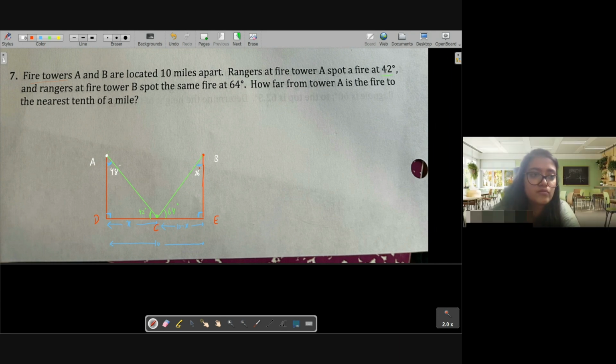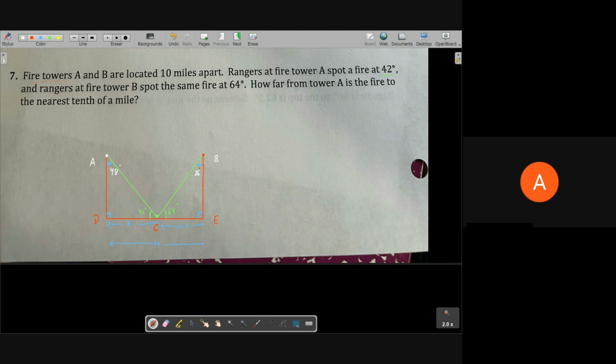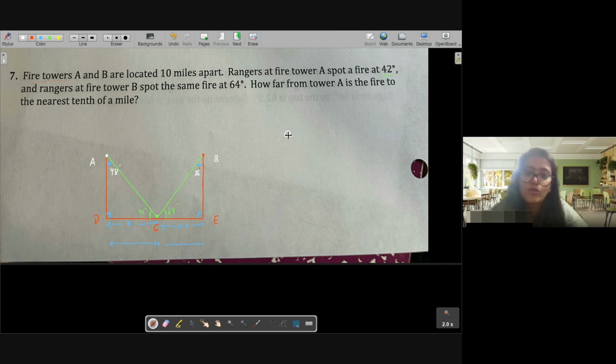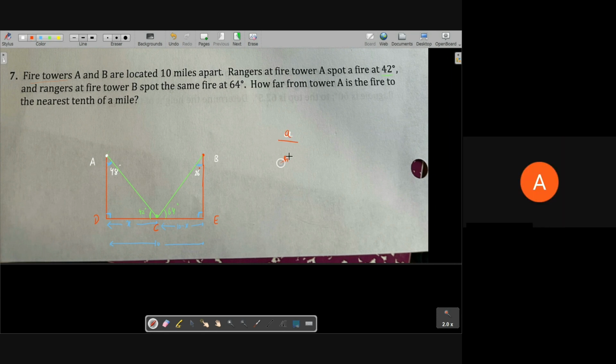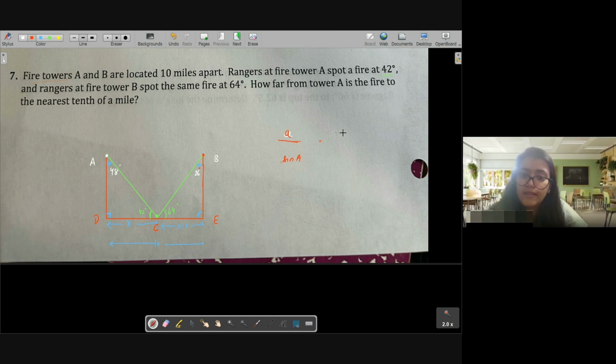Okay, so your law of sines is a over sine A is equal to b over sine B, which is equal to c over sine C. Okay, we have to find out this length. So you can take this angle.